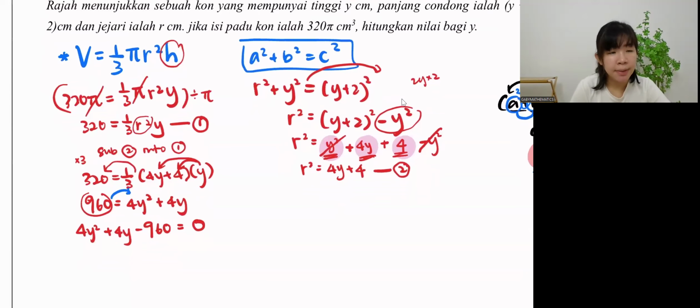Guys, can simplify or not? Yes, right? Everything can be divided by 4? Yep. Whole thing divided by 4. So we get y squared plus y minus 240 equals 0.